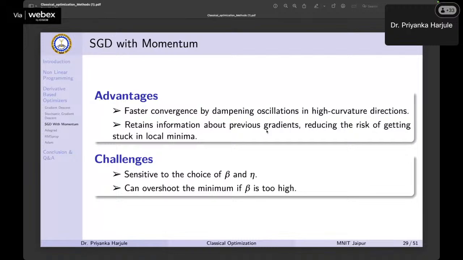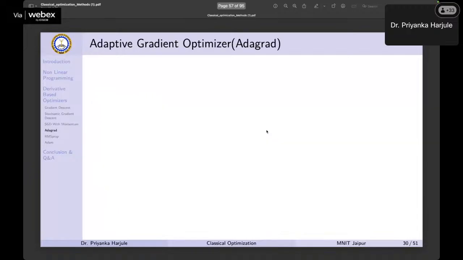So as a result, the rare features learn very slowly or sometimes almost not at all, because the learning rate is not adapted according to their frequency. Momentum also keeps accumulating these past gradients. So if a feature has a consistently high gradient, it keeps pushing updates, potentially overshooting.